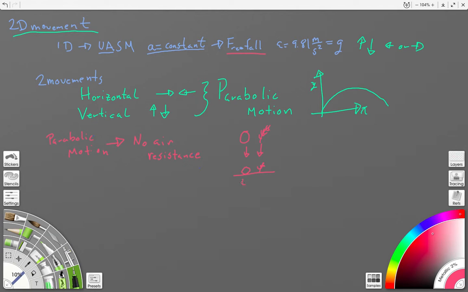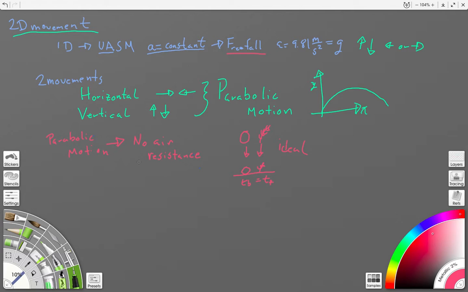So T of the ball will be equal to T of the feather, right? So this is an idealization. This is only ideal if we don't have any air resistance, and this is what we'll be working with in our equations.